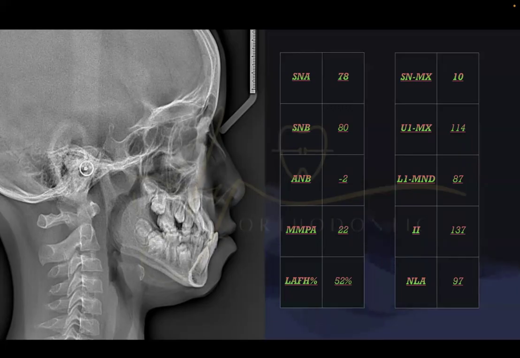If the patient is asked to go into the retruded cuspal position, the patient will be having a class 1 skeletal base, whereas if it is a true class 3 skeletal base, in the retruded cuspal position also, the intercuspal position also, the patient will be having a class 3. When to refer the patient to orthodontic surgery?